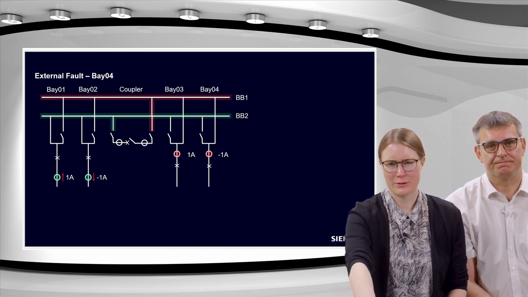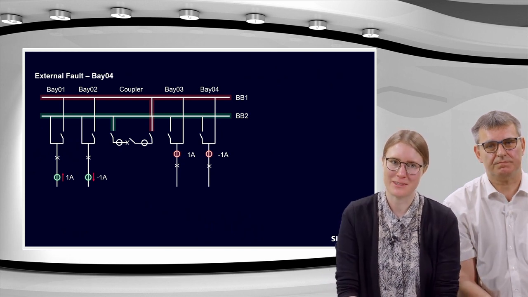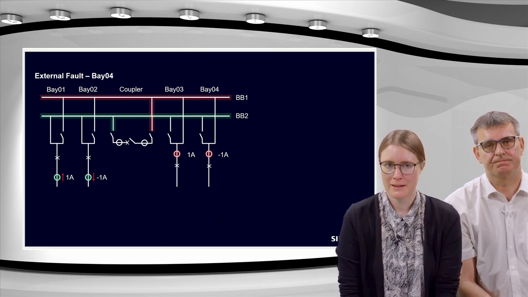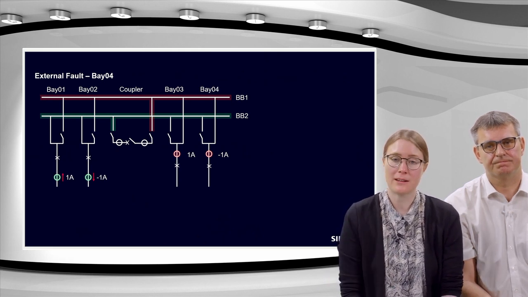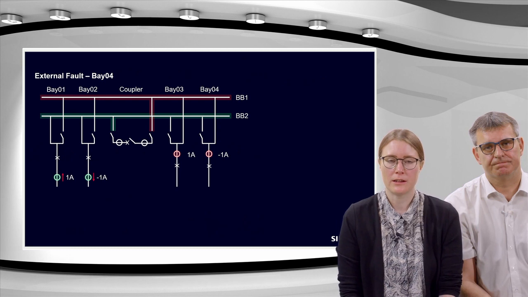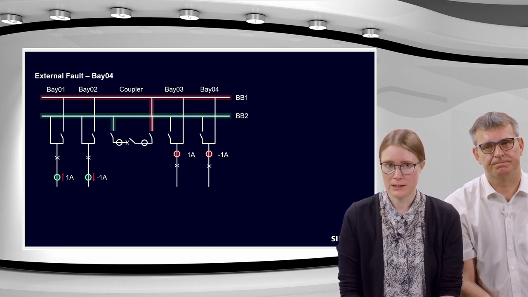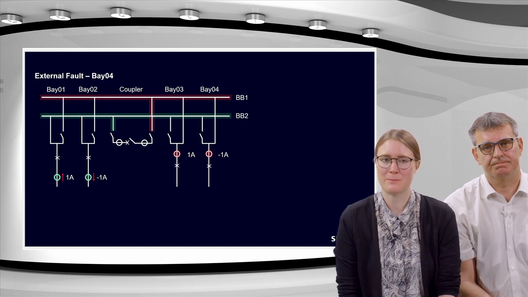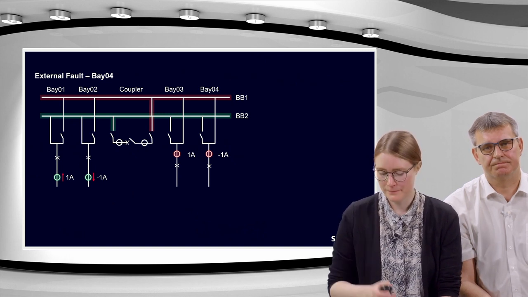So the third scenario I want to demonstrate is an external fault in bay 4. So we start once again with the stable conditions with the coupler open, and there's current flowing towards the busbar in bay 3, over busbar 1 and away from the busbar 1 in bay 4.